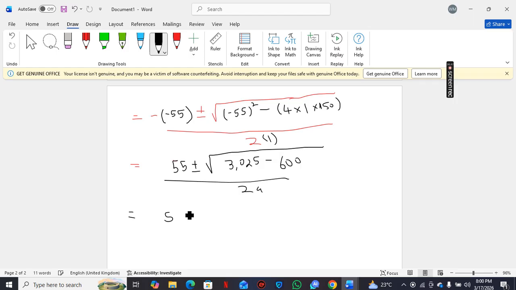So then we have 55 plus or minus, so 3025 minus 600. That is 2,425, right?